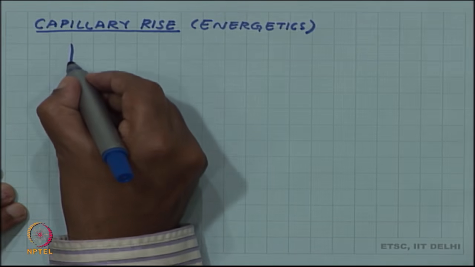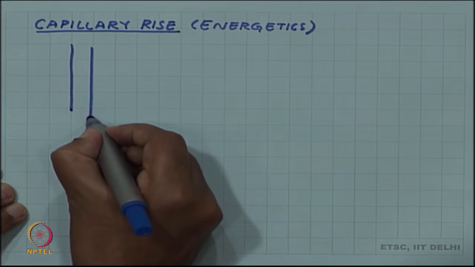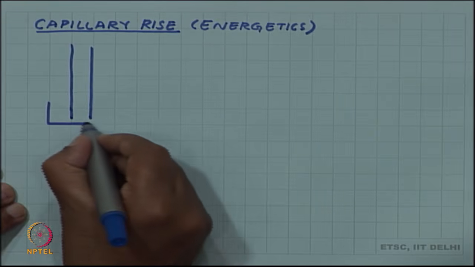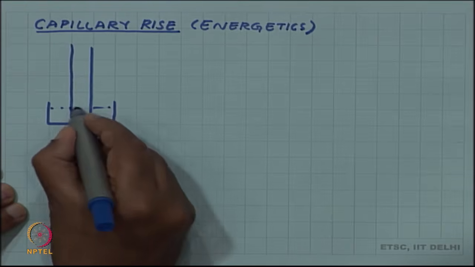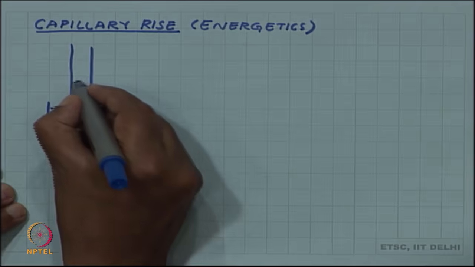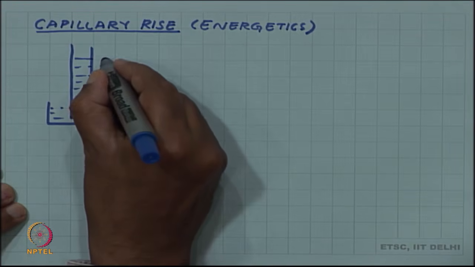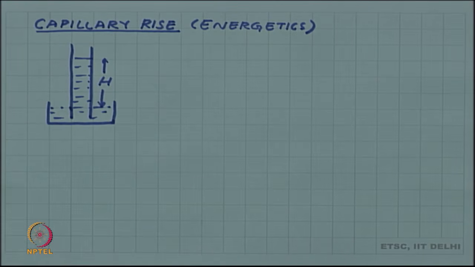So, let us have a tube and this is the height h of the liquid column in the capillary tube.